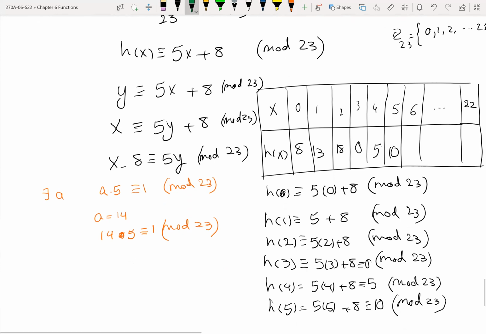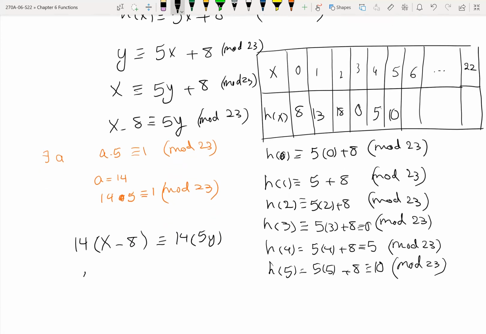So if I continue my method of finding the inverse, you multiply both sides by 14, and then you're getting what you want, which is y by itself on the left side, in mod 23, sorry.